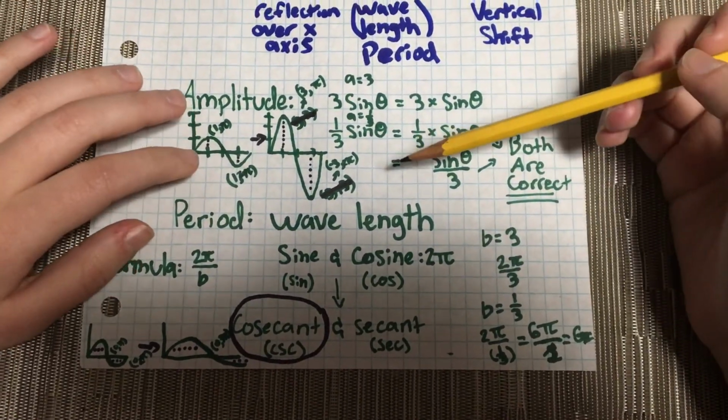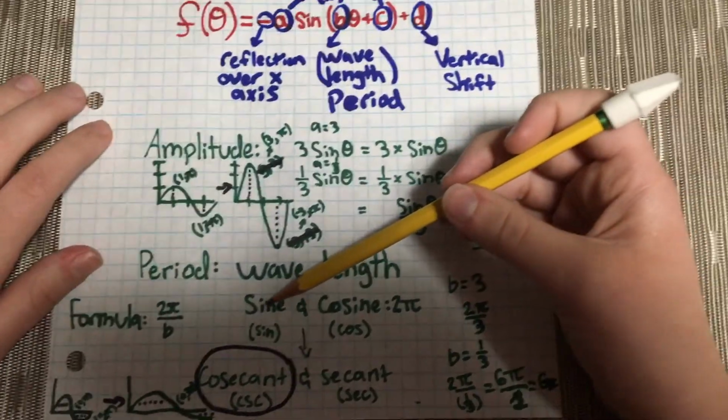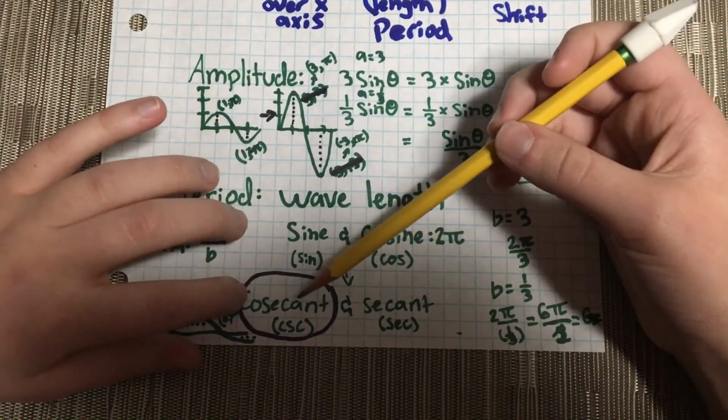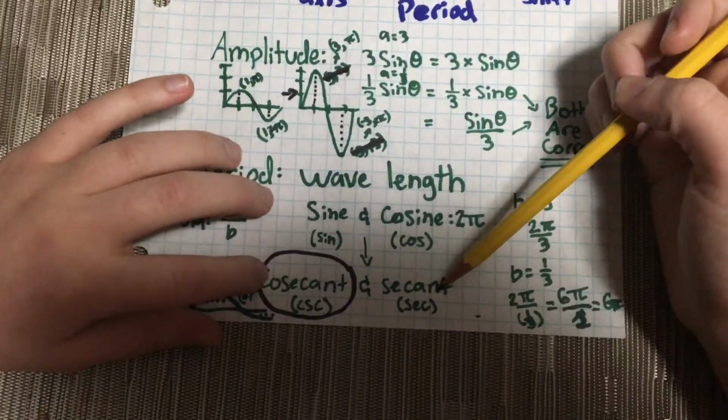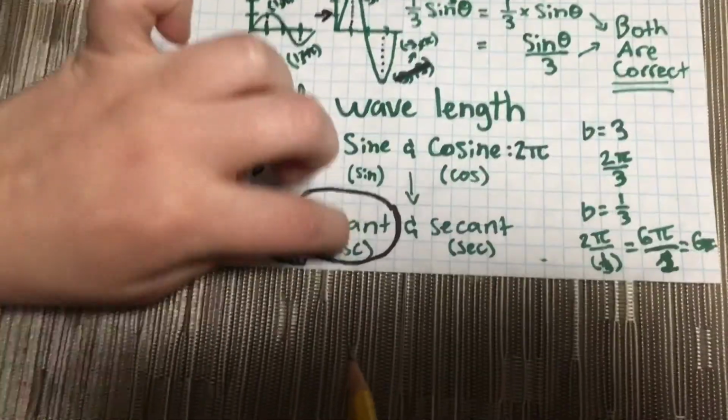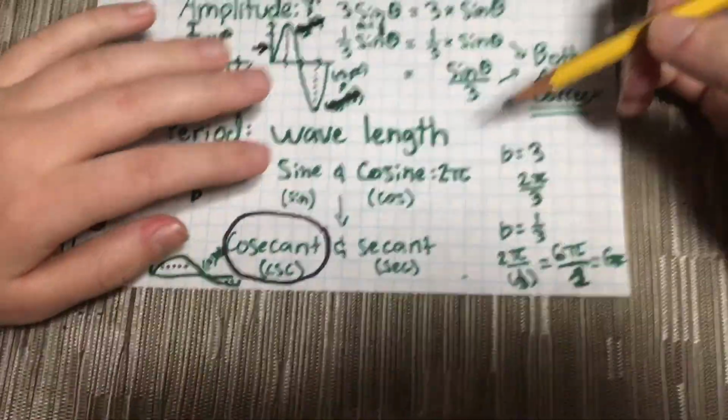As you may also know, sine and cosine directly correlate to cosecant and secant. And so we're looking at cosecant. This is very important, and I'll come back to that later.